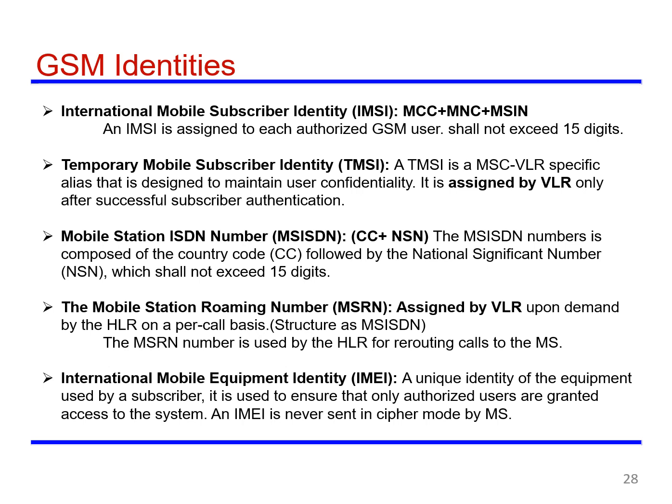Every VLR has a pool of MSRN numbers, so that our MSCs have an MSRN routing table, so that it can identify which VLR has been assigned that number and contact the particular MSC.